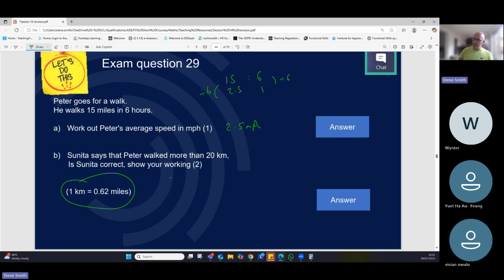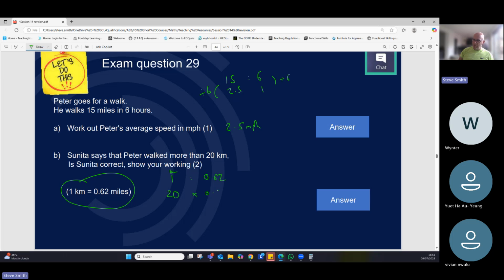And if we set it out here, we've got 1 km is bigger than 0.62 miles. We've got 20 kilometers here. So what did we do to that number? We want a bigger number on this side. So if we want a bigger number, we multiply it. If you wanted a smaller number, the bigger number needs to be on the left-hand side.